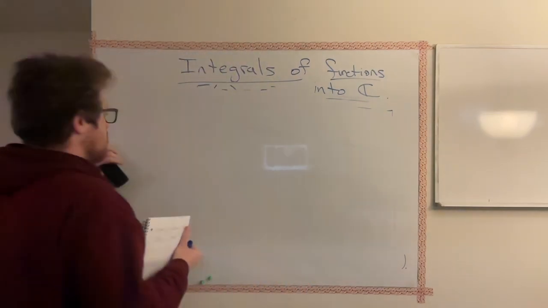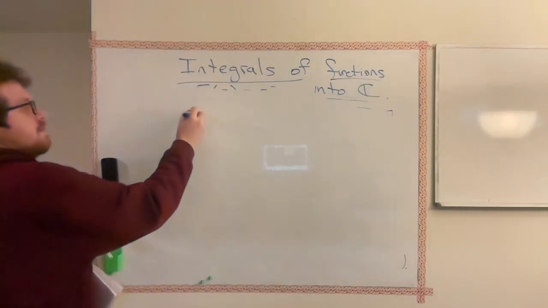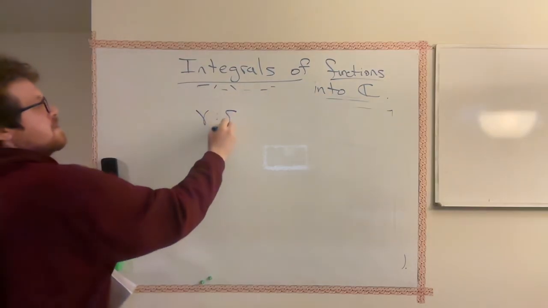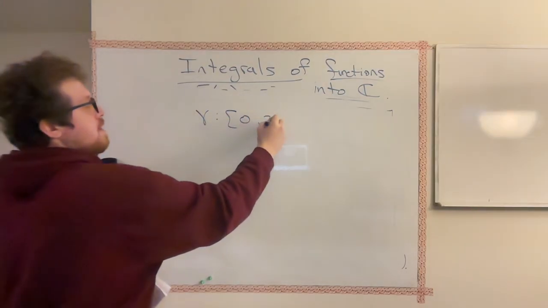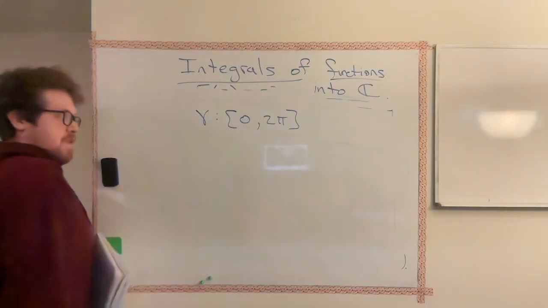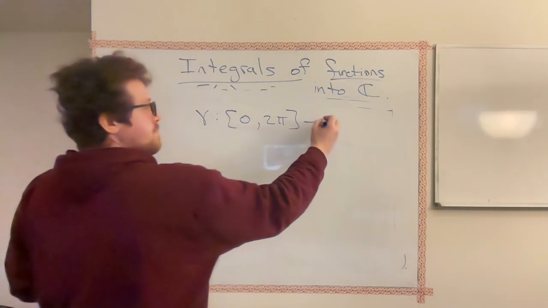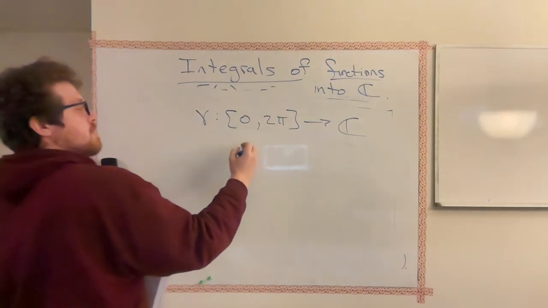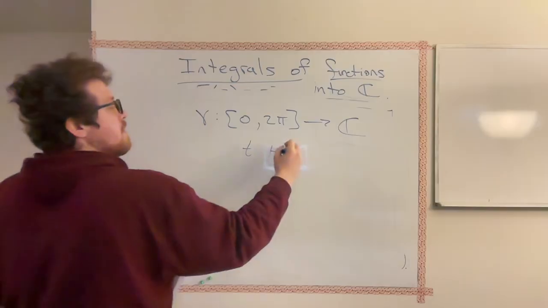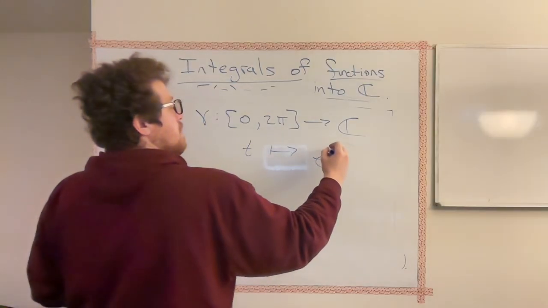Okay, so our function is just z. Our curve is gamma, so we can parameterize the unit circle, the boundary, from 0 to 2 pi. This is just the function that sends t to e to the it.